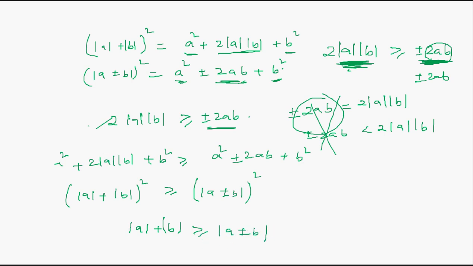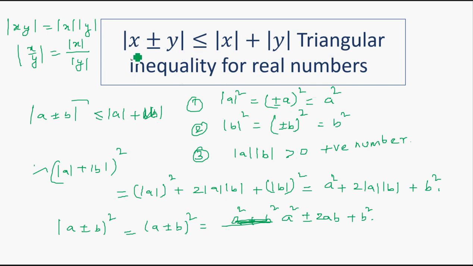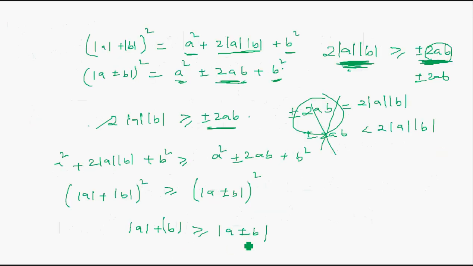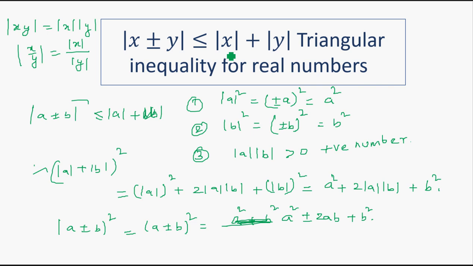Okay, so the triangle, basically I have reversed it. You can understand, basically this is less than this. So x plus or minus y is always less than or equal to |x| + |y|.